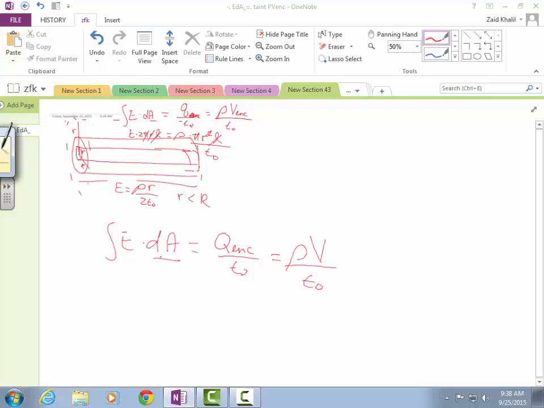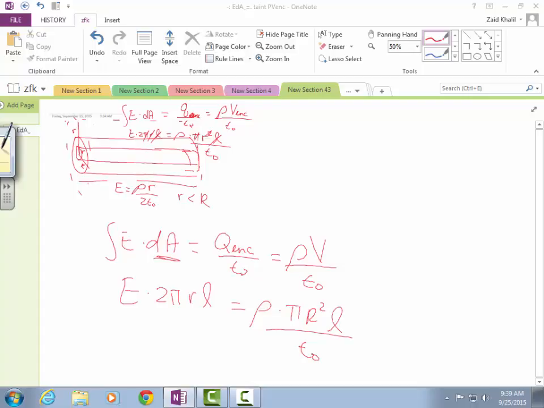So E dot dA is going to be E times 2 pi little r L. Notice it's little r L. Why? Because the Gaussian surface is where you're evaluating the electric field. On the right-hand side, we have rho times pi big R squared L over epsilon naught.